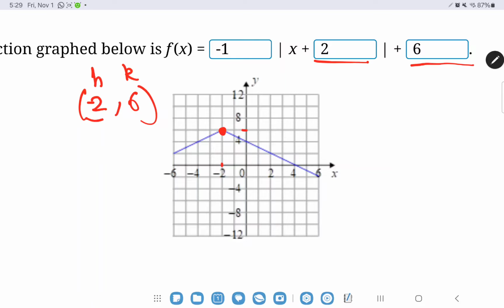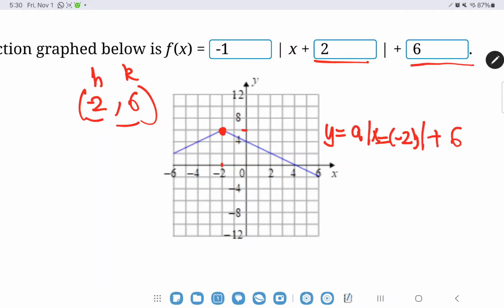So now we're gonna put it in our equation that I told you. Y equals a times absolute value of x minus h, which is -2, so x minus -2, plus k, which we found to be 6.